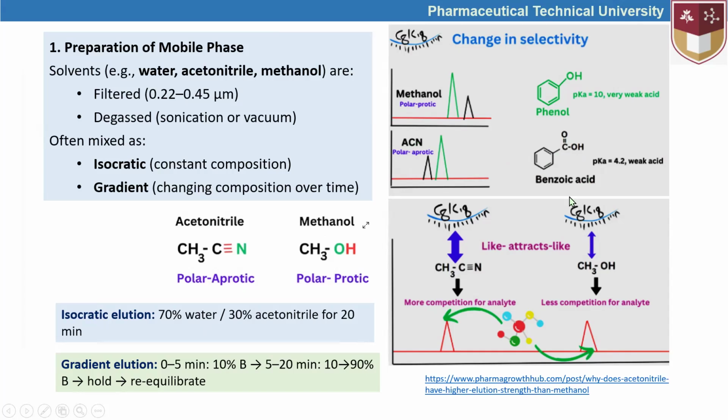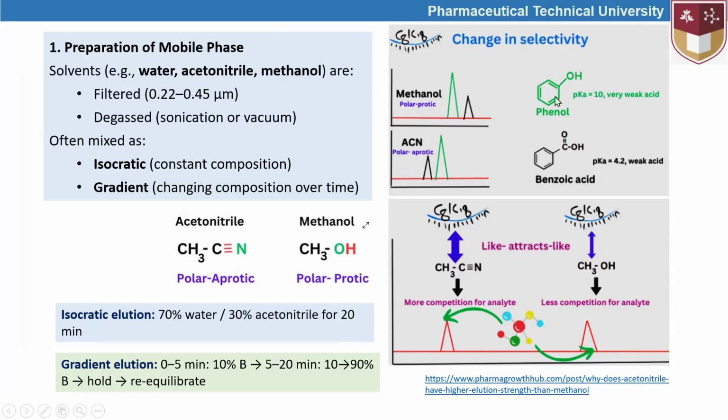So if we want to separate these two compounds from each other, and if we use methanol, the benzoic acid is expected to be released first, to be washed out first, to be identified first. Because it is protic, the pKa is expected to be 4.2, a weak acid.